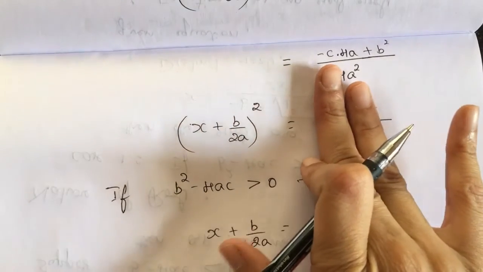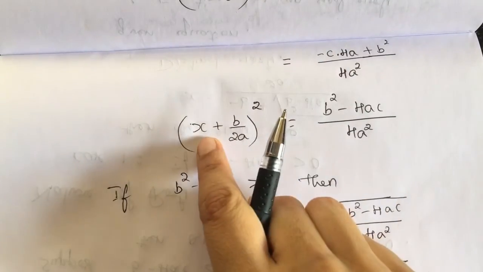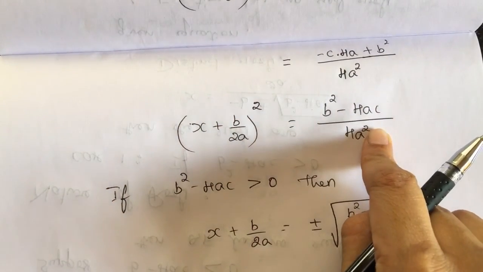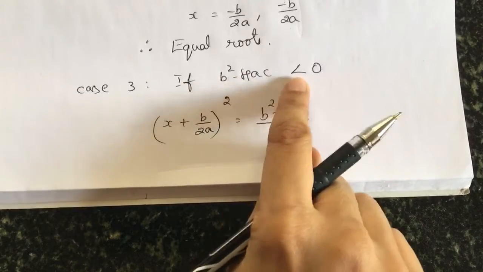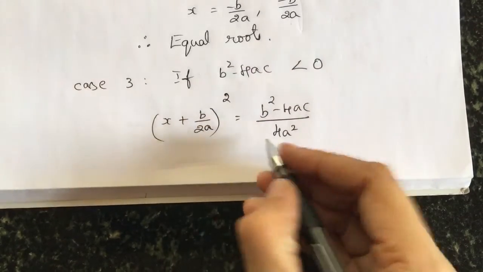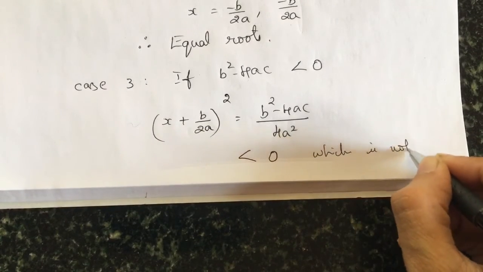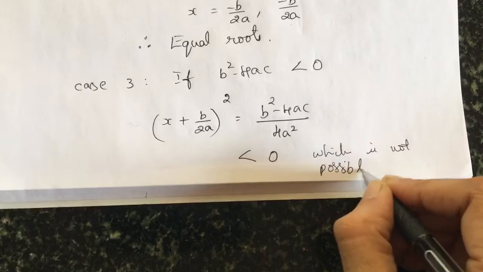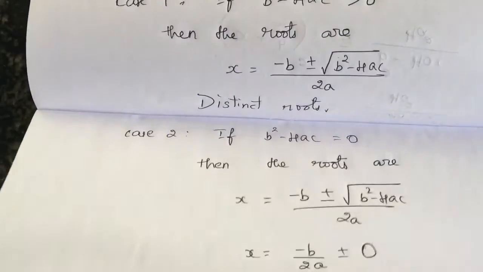This is negative means this whole thing is negative. Is it possible for any number whose square is negative? It's not at all possible. So when this is negative, this whole thing is negative, which is not possible. Therefore, there is no real number whose square is b square minus 4ac, which is a negative number.